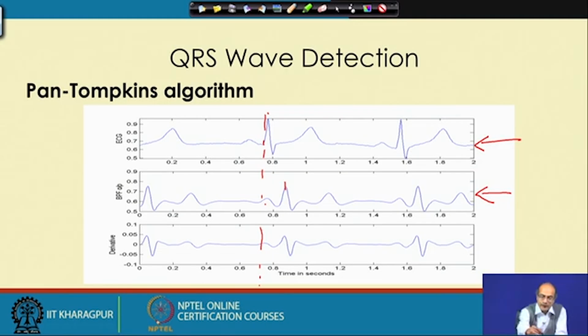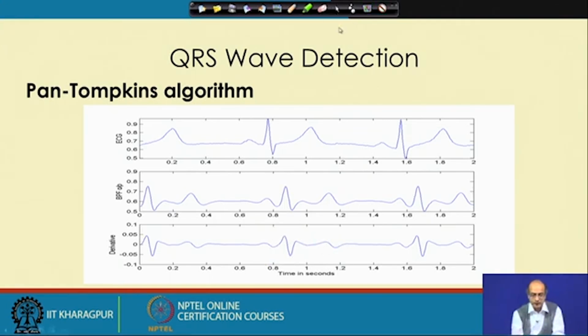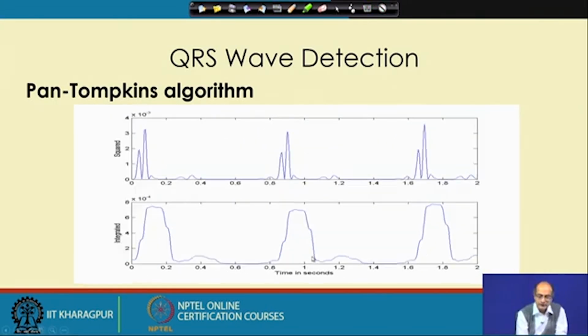Next, we look at the squaring operation. After the squaring, the output of the T wave gives rise to a small waveform, whereas the QRS complex gives a much larger waveform. So we actually get suppression of the other waves and amplification of the QRS complex.